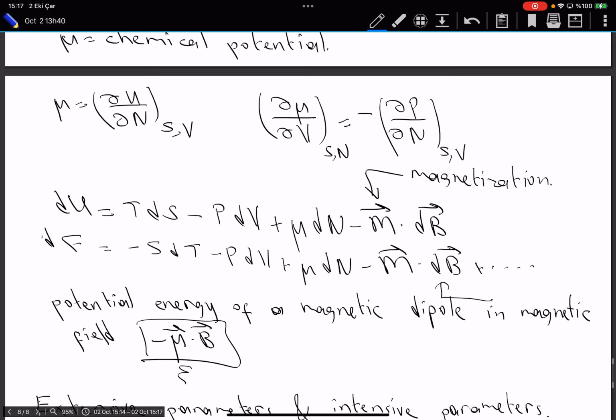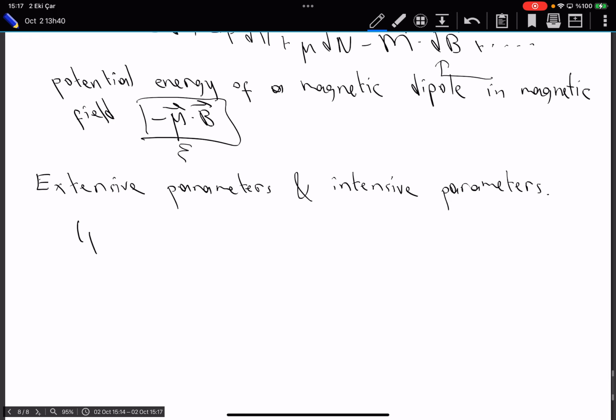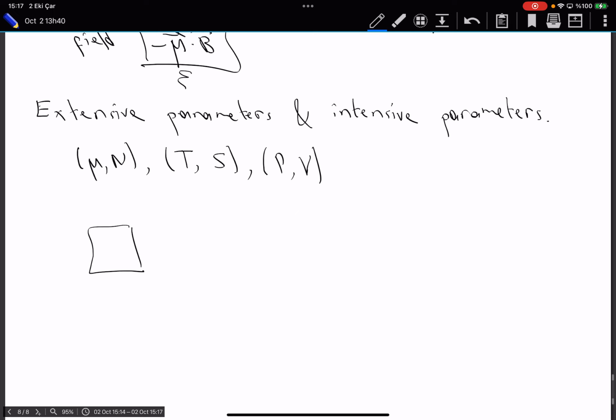Well, in fact, if you look at our conjugate pairs, mu and N, T and S, P and V. Now let me take a system with a given pressure P, volume V, and also N. Let me take an identical system with the same pressure, same volume, same number, and combine these two systems.